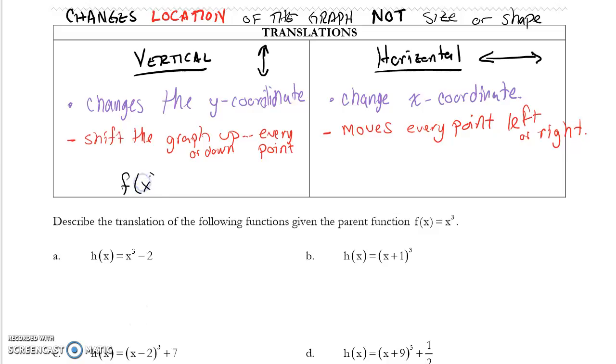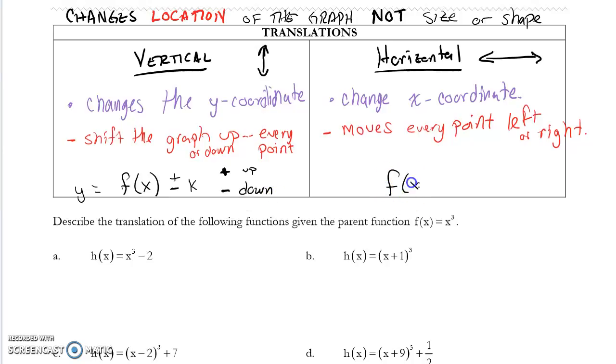The function, since f of x is really your y is equal to f of x, that's the same thing, we are either adding or subtracting to the entire function, which is y. And what we'll do is we'll call that, we're adding or subtracting k. So we'll choose that as our variable. If we are adding to the entire function, we're shifting everything up. And if we are subtracting, we're shifting everything down.